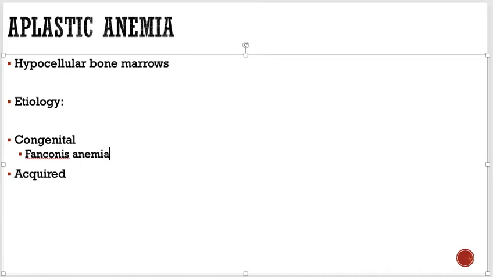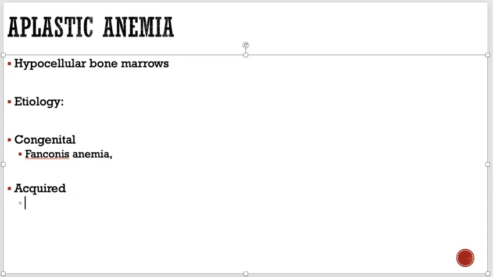There is one more congenital cause of aplastic anemia, called Shwachman-Diamond syndrome. But if you remember Fanconi's anemia, that's more than enough.